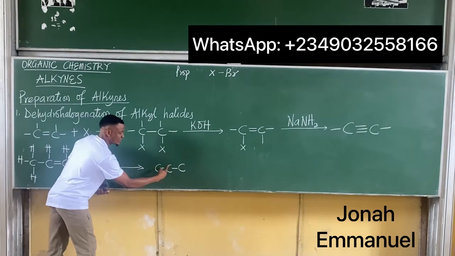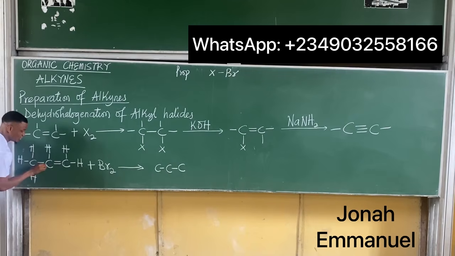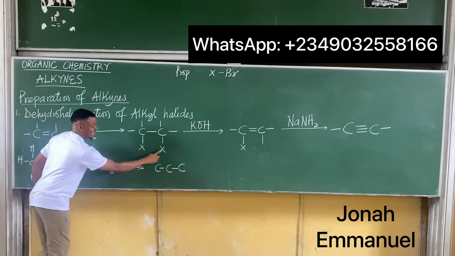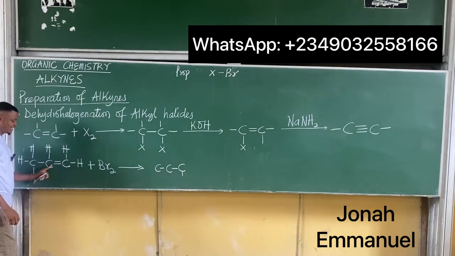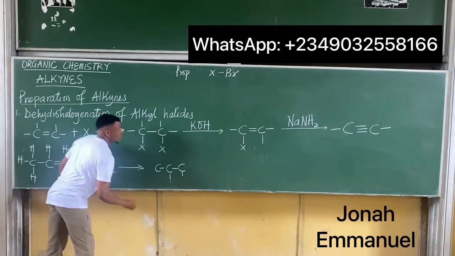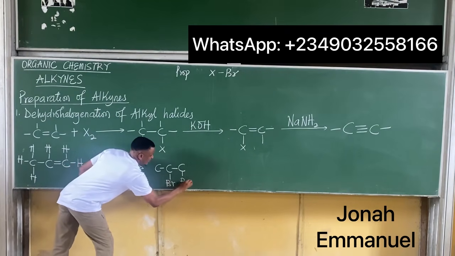This and this, or this and this? It's as easy as going back to the carbons. The 2 carbons bearing the double bond should be the ones bearing the halogen. In this case, it was this carbon and this carbon. In other words, these 2 carbons will now have the X and X. We said X should be Br, so I'm having Br here and then Br here.